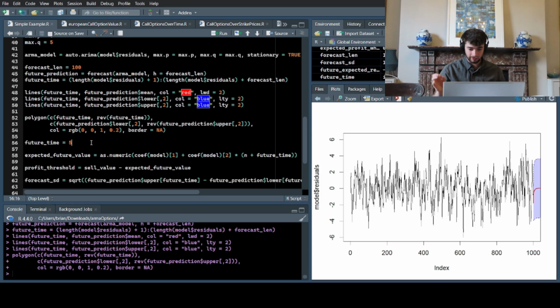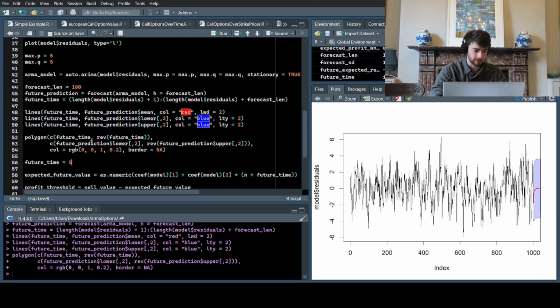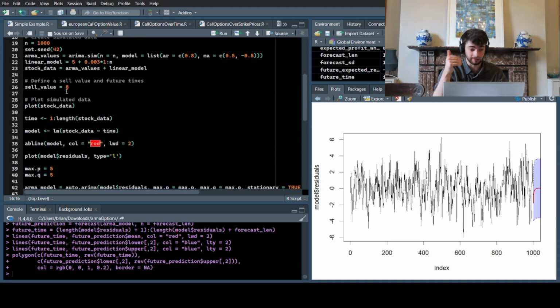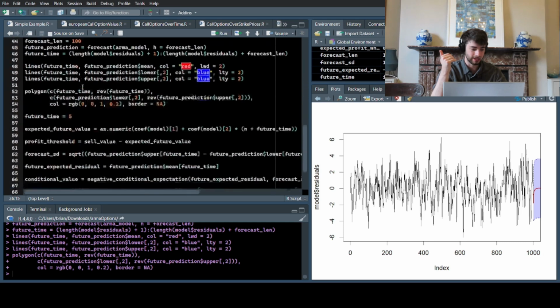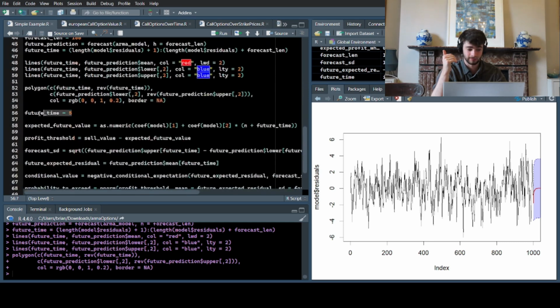And then, okay, great. We've fit our model. We've forecasted into the future. Now it's quite easy to calculate the value of our option. So in this example, a sell value, what our friend Bob is willing to pay for this option, is €8 or dollars. And they're saying that this option expires 5 days from now.